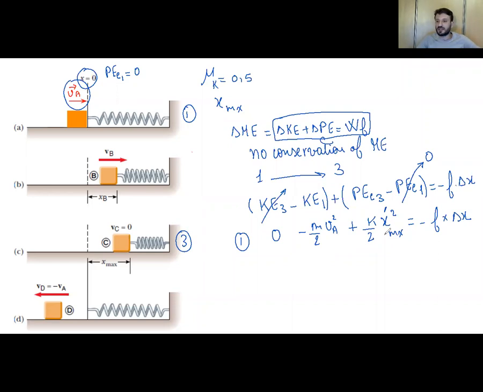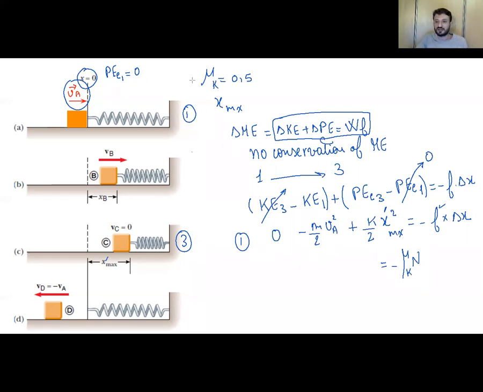Now I need to calculate x maximum, x prime. We have VA, we have m, we have k. We have to calculate F. You know here F equals mu kinetic times N, times dx. dx is the displacement between the initial state and the final state.